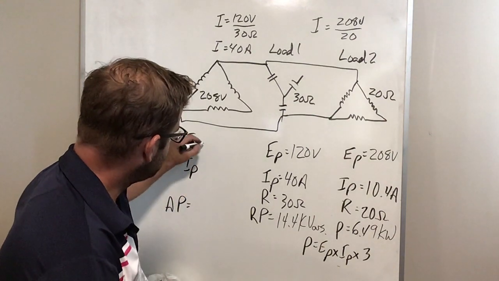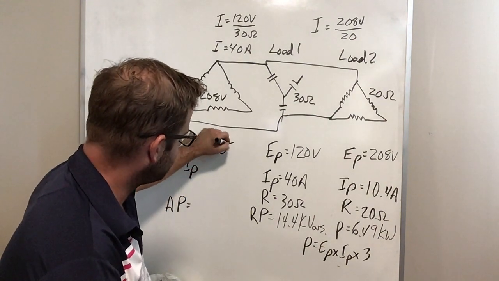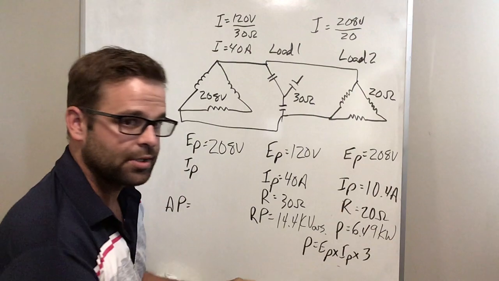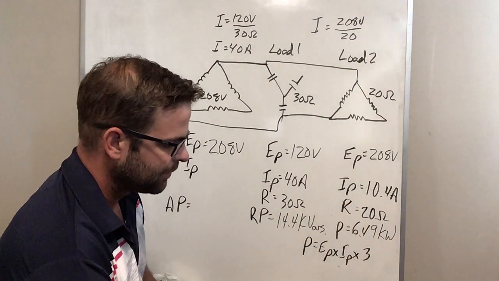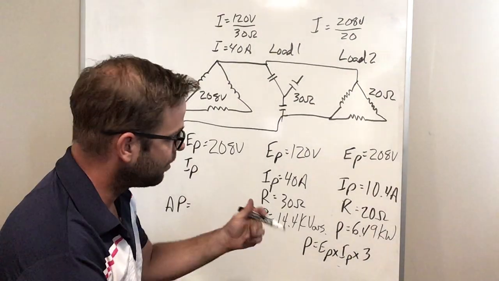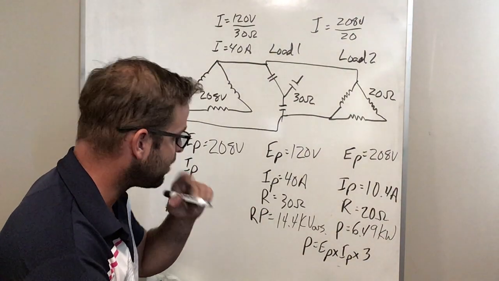The issue is when we go to combine these now, we can't just add them or subtract them like we did with our reactive power or what we did with our true power.